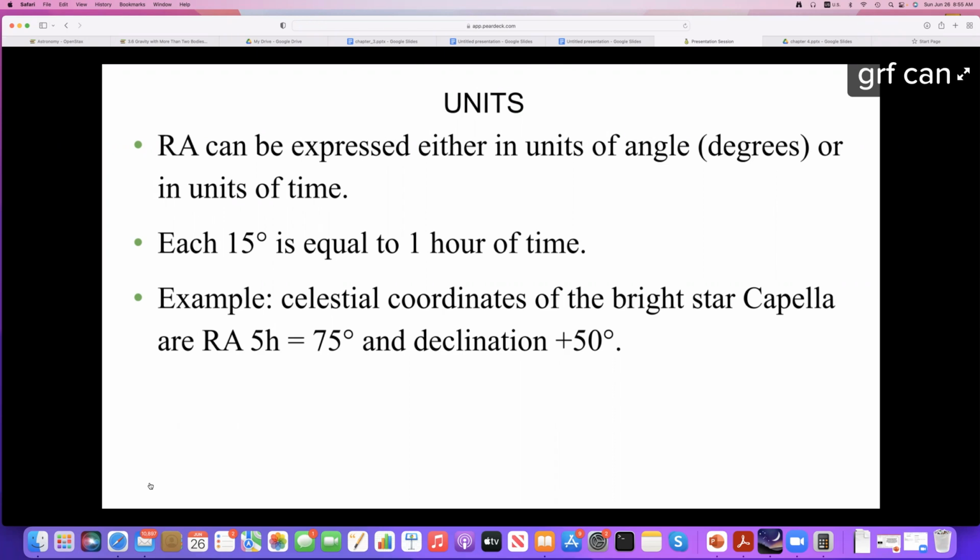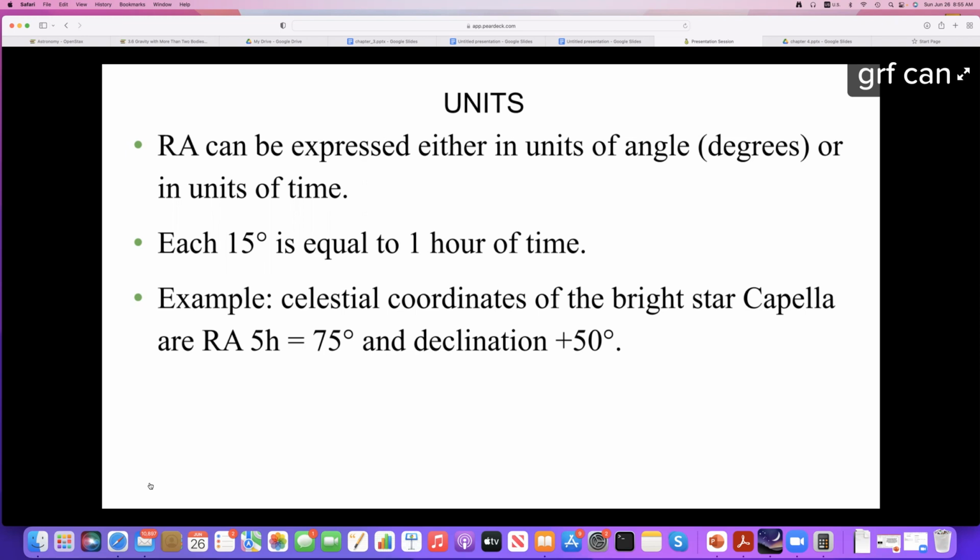Now, when you measure the right ascension, it can be expressed either in units of angle, that means in degrees, or in units of time, that means in hours and minutes. So there are two different ways that you can express the right ascension.